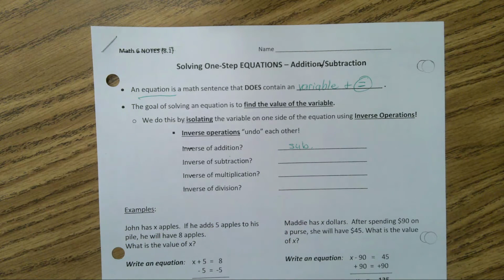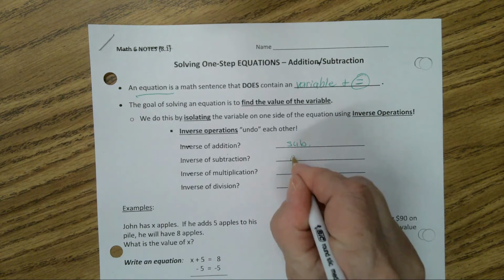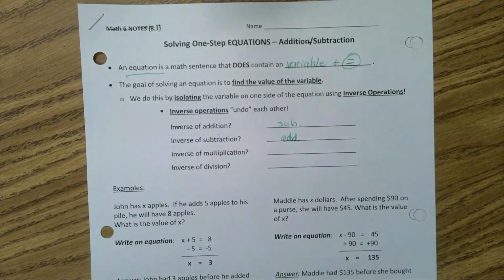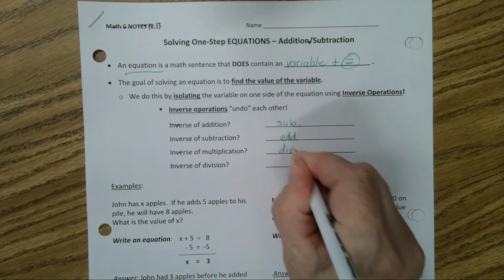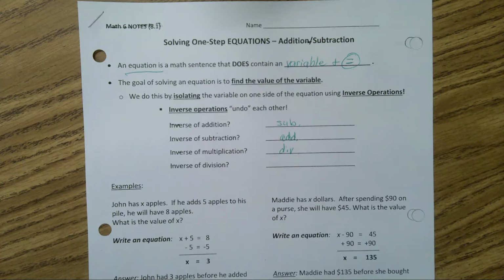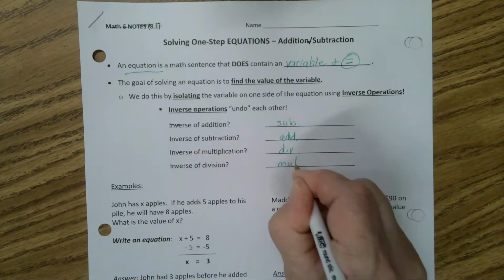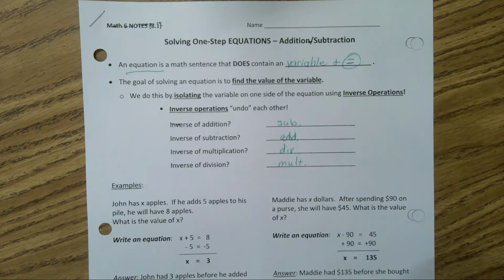The inverse of subtraction, class, is addition. What's the inverse of multiplication? Division. And what's the inverse of division? Multiplication. Does everyone have that written down? Very good. Now let's go look at our examples.